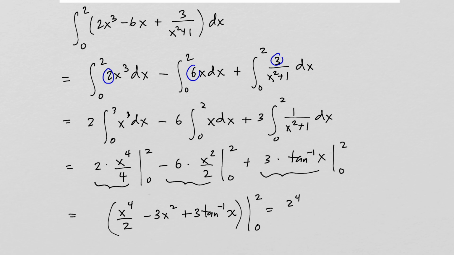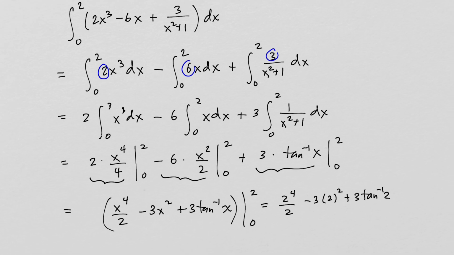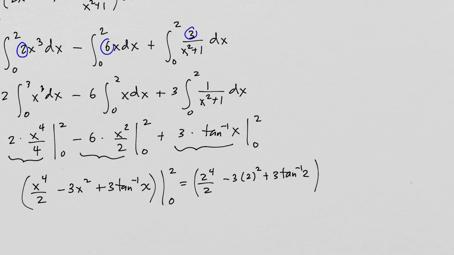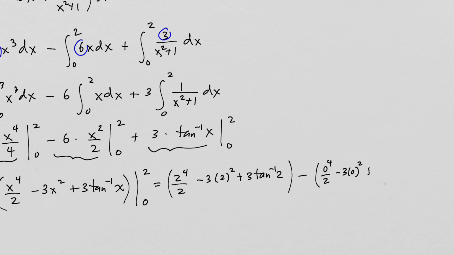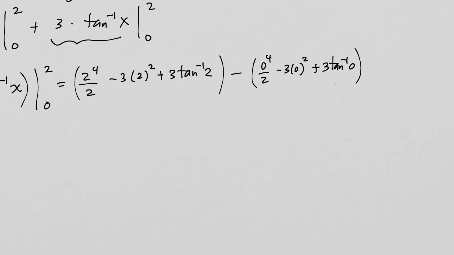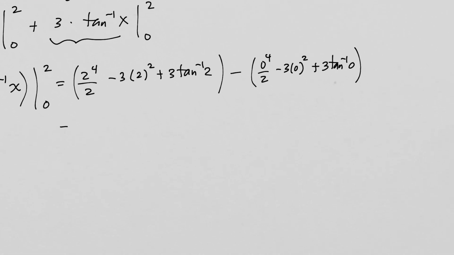So when we plug in 2, we get 2 to the fourth divided by 2 minus 3 times 2 squared plus 3 times the inverse tangent of 2, minus 0 to the fourth divided by 2 minus 3 times 0 squared plus 3 inverse tangent of 0. And now we need to compute this.